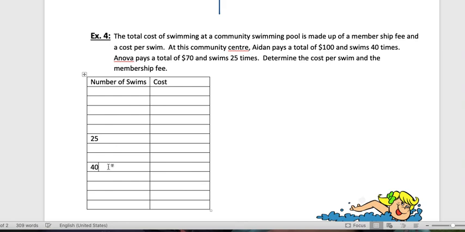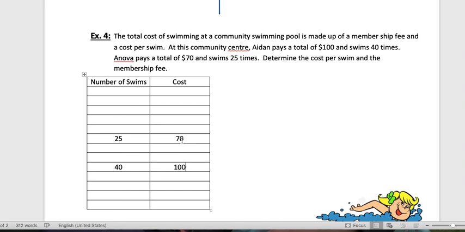And this would be my 40 swims for Aiden. Just going to center this so it's easier to see. And the cost for Anova is 70. And the cost for Aiden is 100.